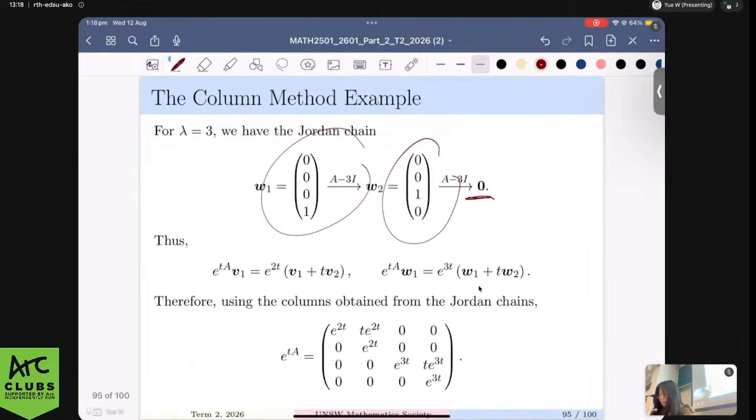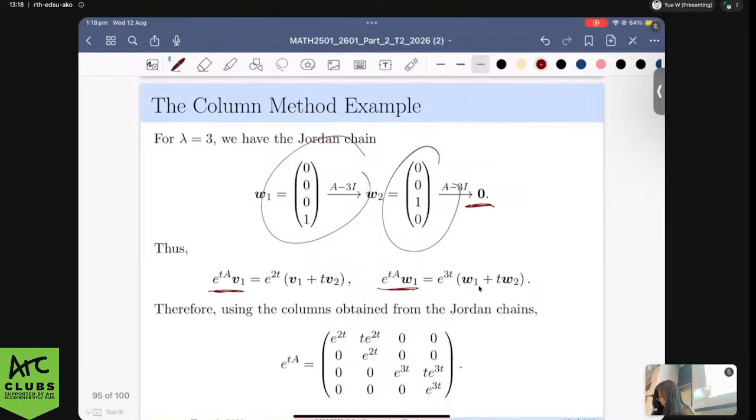From there on, you apply e to the tA to v1 and e to the tA to w1 as well. This becomes e to the t times v1 plus t v2, and this becomes e to the t times w1 plus t w2.